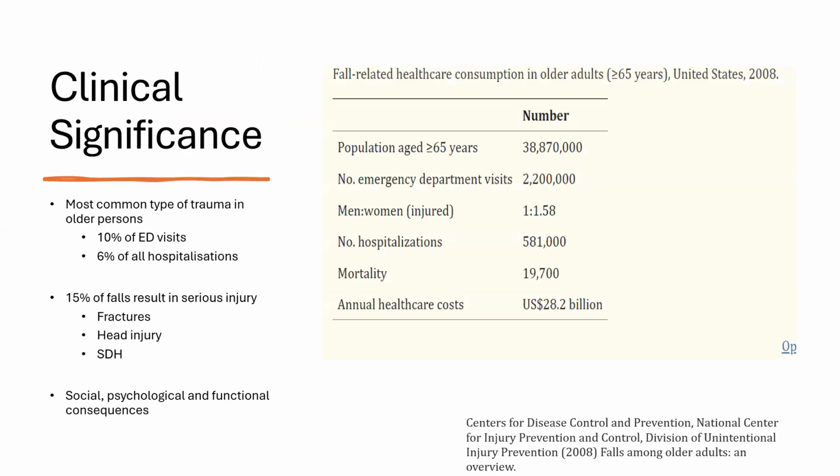So falls are the most common type of trauma experienced by the elderly, and they result in many hospital visits. They are also very expensive, can result in serious injury, and they can have severe social, psychological, and functional consequences. So patients with a fear of falling limit their movements, and they often isolate themselves in their attempts to prevent falling.